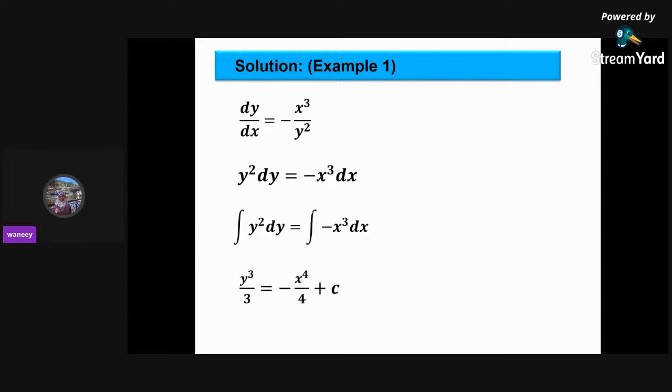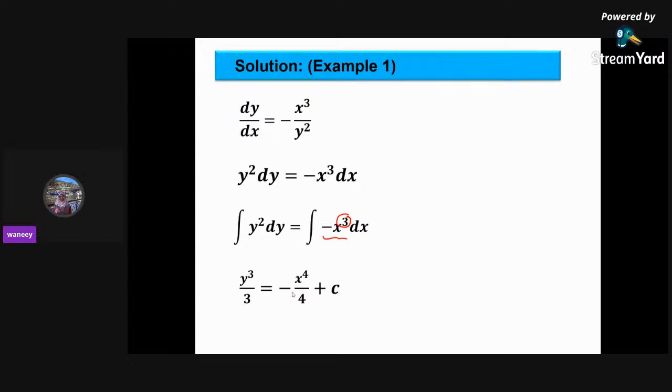It will become y cubed over 3 equal to, on the right hand side, again the power rule: adding 1 to the power, negative x to the power of 4 over the new power 4, and then plus c. So y cubed over 3 equal to negative x to the power of 4 over 4 plus c.